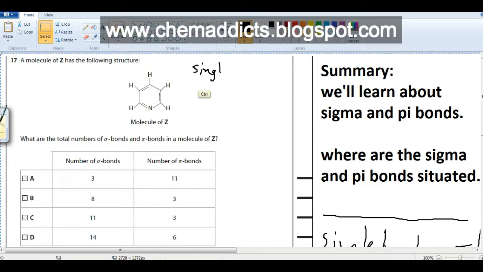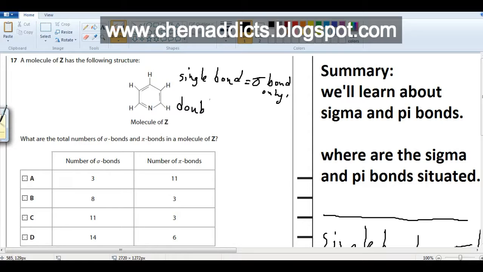A single bond has sigma bond only, and a double bond or multiple bond has pi and sigma bonds. I hope that you have understood.